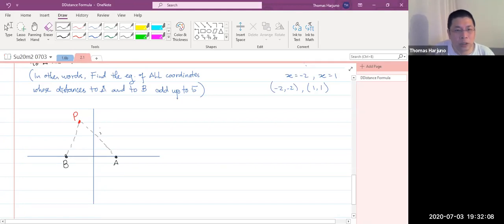Let's call this distance 1 and this distance 2. Now what we want is distance 1 plus distance 2 equals 5. We want to find all such coordinates.